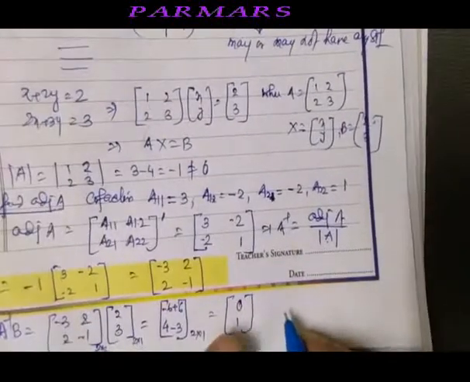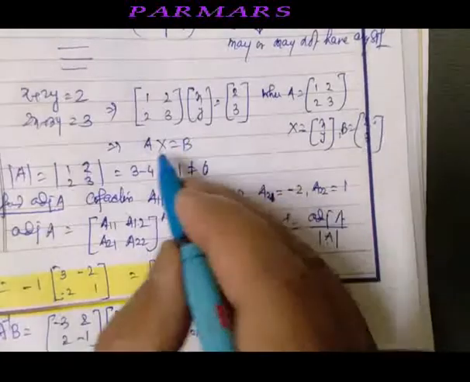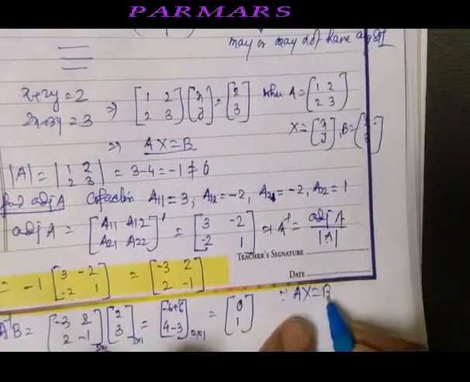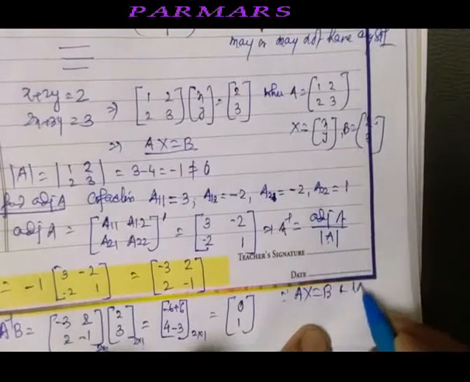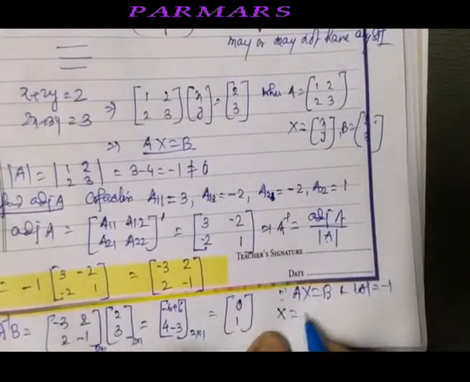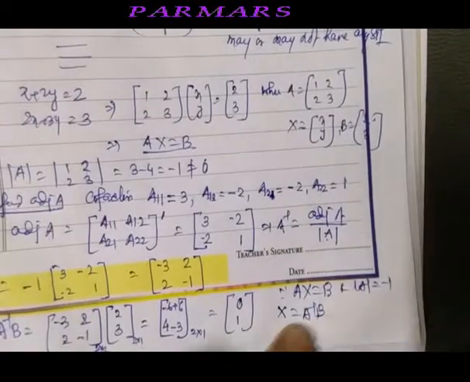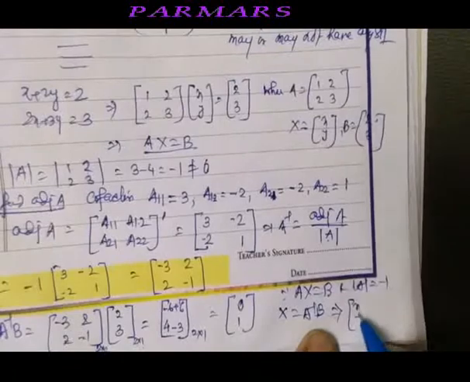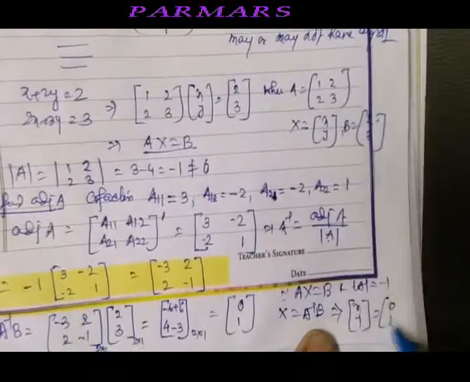So as I say, from here, since AX is equal to B and determinant A is not equal to 0, so X is what? A inverse B. And A inverse B को हमने क्या निकाला? This is x y and this is 0 1.